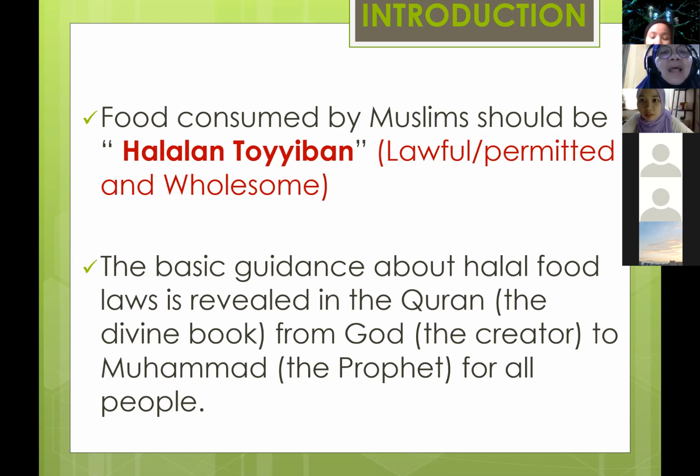Halal here means lawful and permitted. Tayyib means good, some say wholesome. Good can be translated as healthy, clean, nutritious.